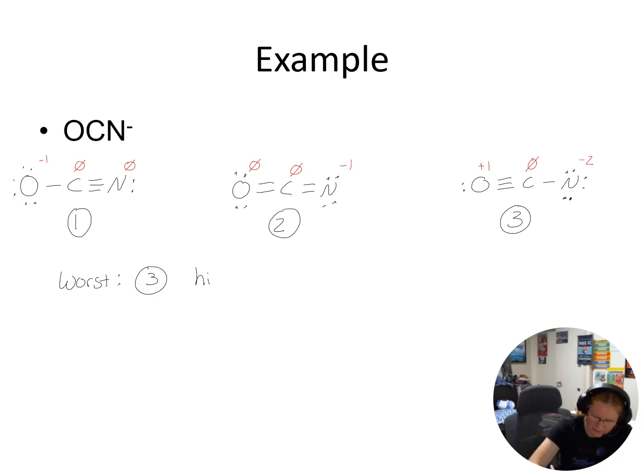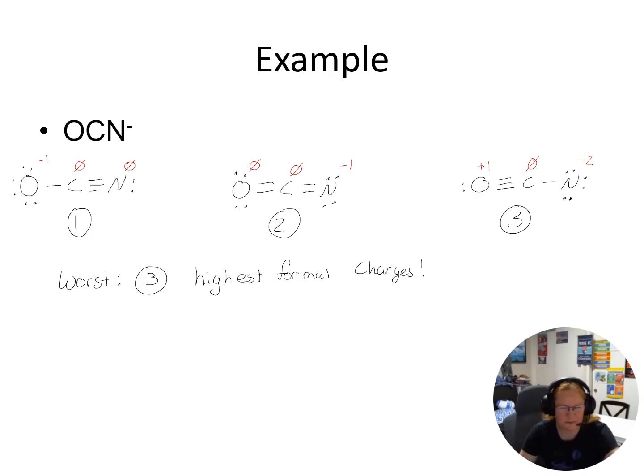Has the highest formal charges. And also, what's more electronegative, nitrogen or oxygen? Oxygen is. And so this would not be a happy situation for oxygen to carry a +1 and nitrogen to carry a -2. Okay?